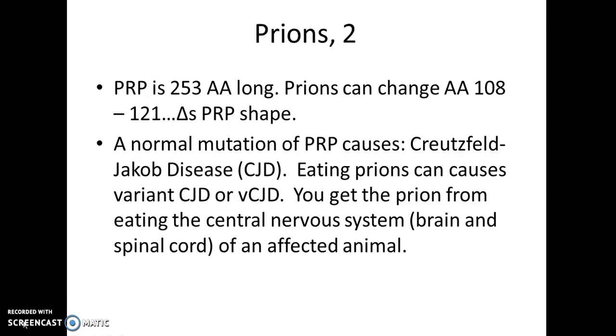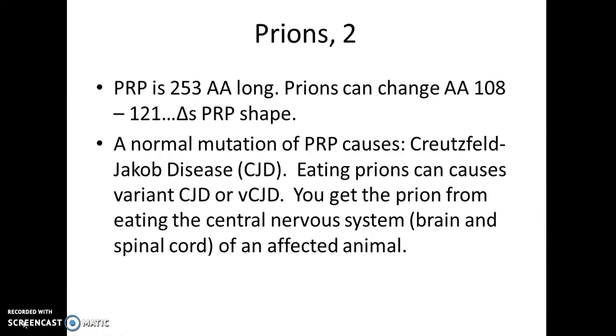Now, PRP is long, about 253 amino acids long. There's a change in the amino acid number 108 to 121, and what happens is it changes the shape of the PRP, and that becomes your prion. So there's a normal mutation of PRP which causes a genetic disease called, or genetic anomaly, Creutzfeldt-Jakob disease.